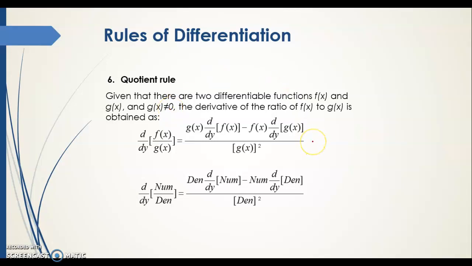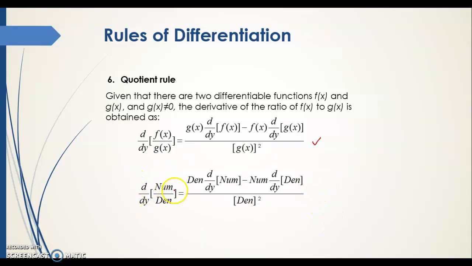In that case, the differentiation rule says: the denominator function g(x) as it is, times the derivative of the numerator function, minus the numerator as it is, times the derivative of the denominator function, divided by the denominator whole square. Okay, you can also write it like this.